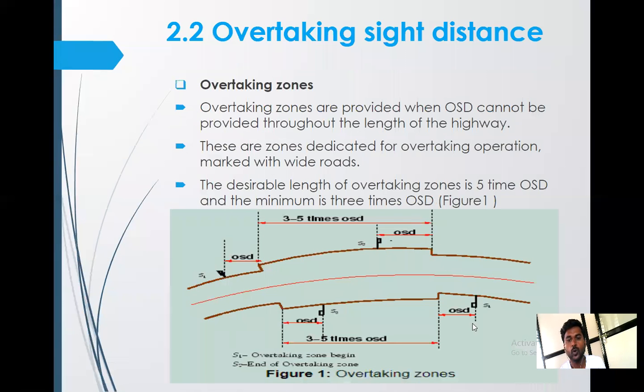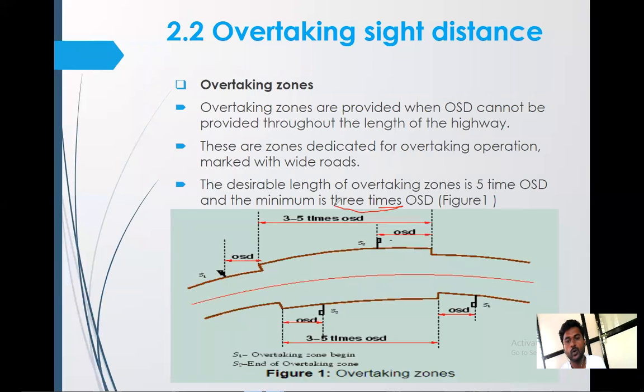Then we have to provide the overtaking zone. Whenever we are providing the overtaking zone, minimum 3 times OSD is to be achieved. This is a very important point. This is the minimum criterion, and the desirable length of the overtaking zone is 5 times OSD.